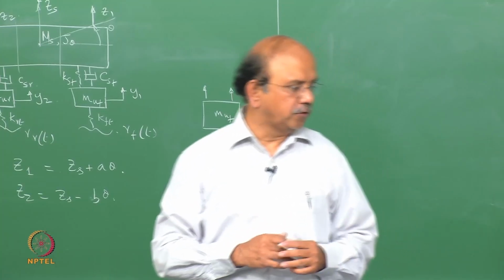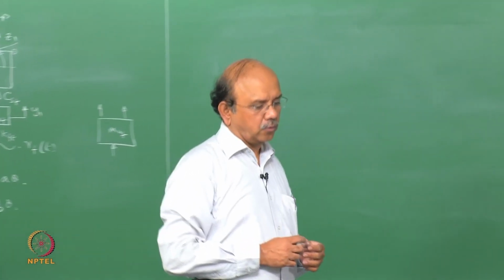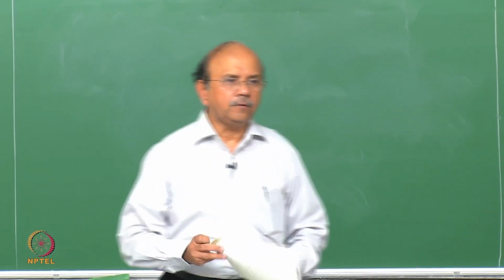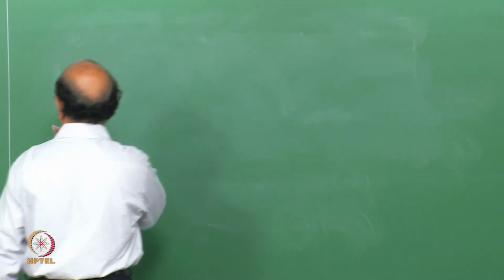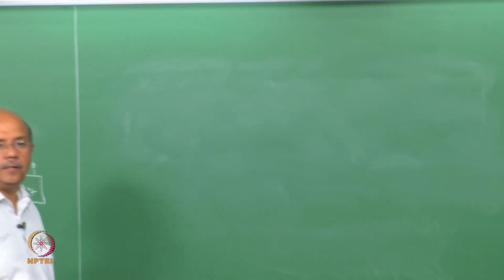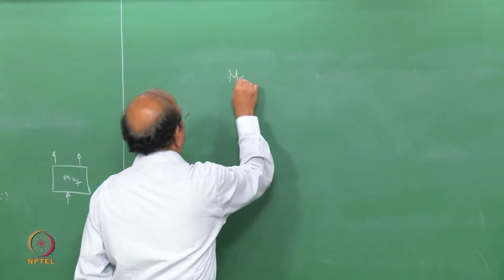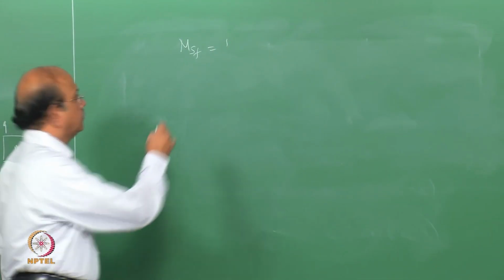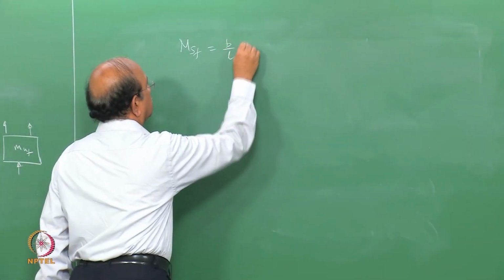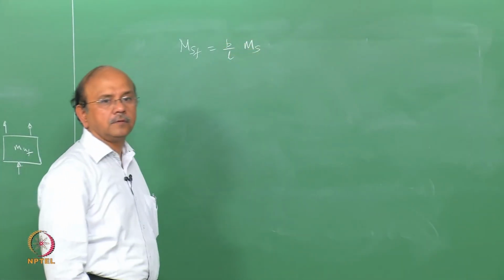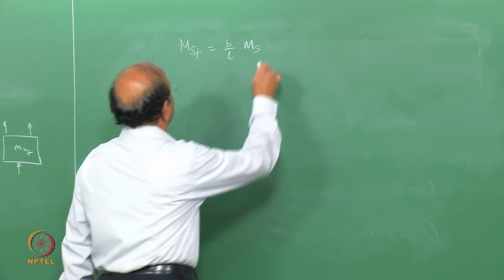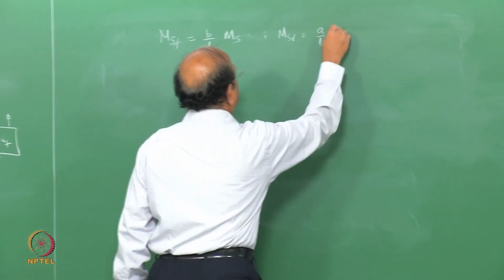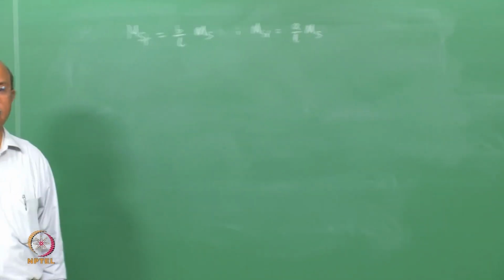So the first thing I'm going to do is to look at what is called the quarter car model. As I told you before, I'm going to redistribute the mass and put that front mass is equal to B by L into the sprung mass, and the rear is equal to A by L into the sprung mass.